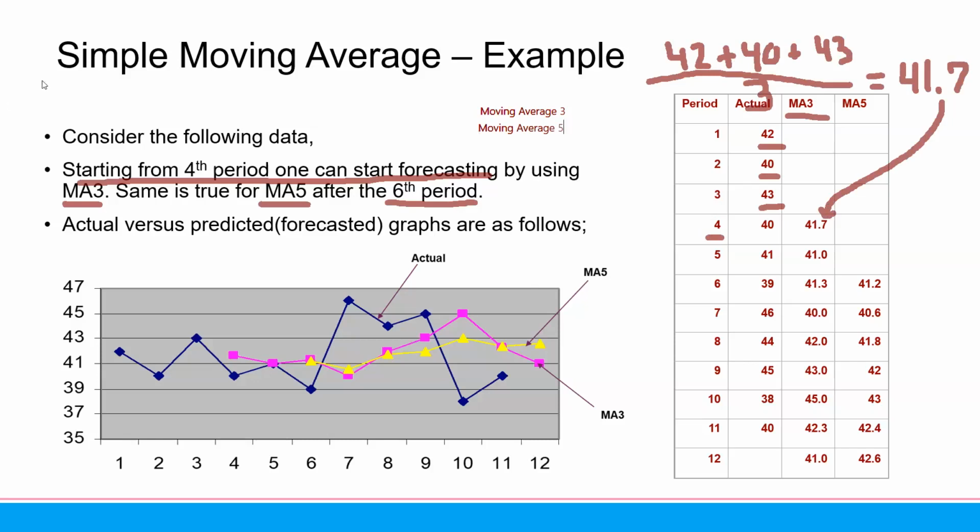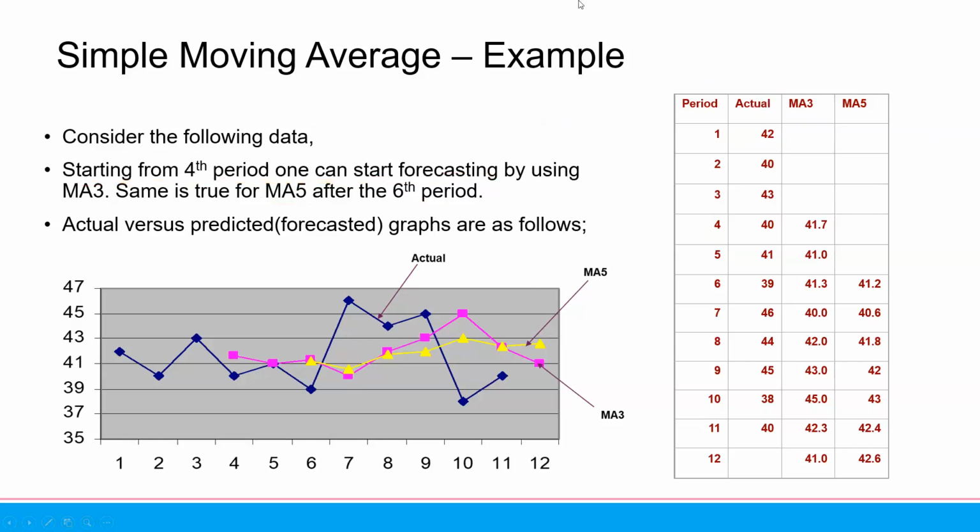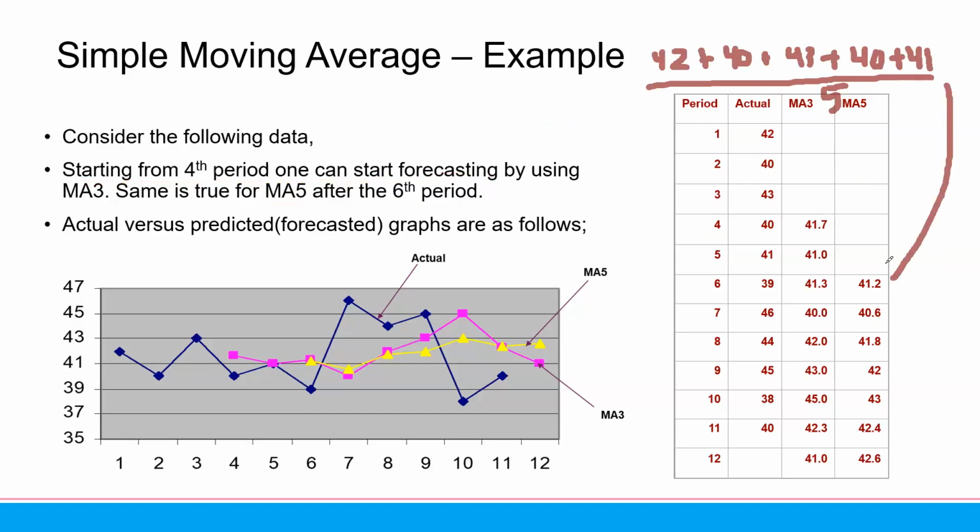It means I will do 42 plus 40 plus 43 plus 40 plus 41, divided by 5. So the result will be the forecast for period 6.